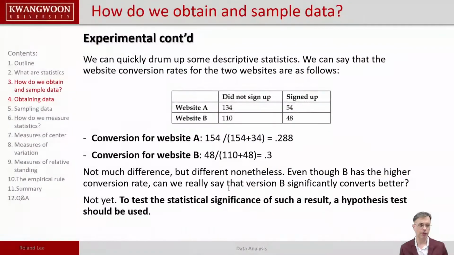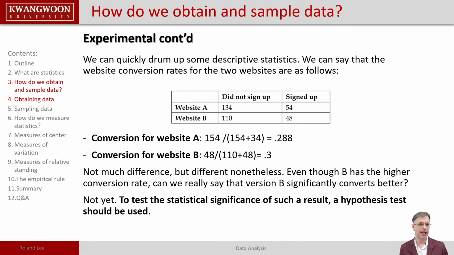The conversion rate for website A is 0.288, so 28.8%, and the conversion rate for website B is 30%. Well, there is not much difference, but a little bit.